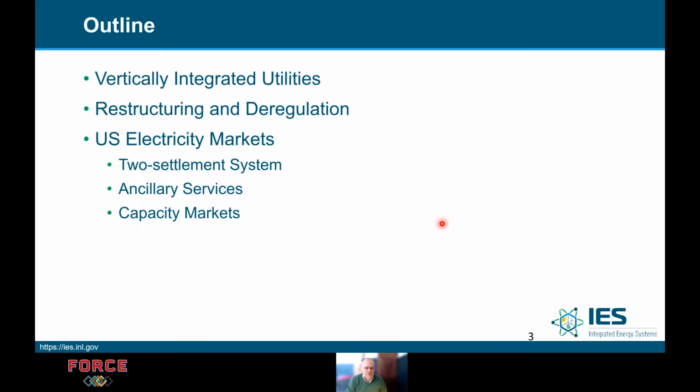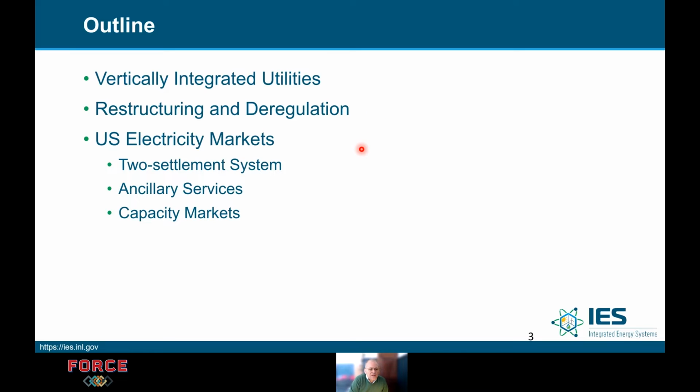In terms of an overview of what I plan to talk about, I'm going to spend a little bit of time on these vertically integrated utilities and their economic incentives. Paul alluded to these earlier in his talk when he mentioned that largely the nuclear fleet we have today was built under a structure of vertically integrated utilities. Some of the difficulties the nuclear fleet faces today are in response to this evolution from vertically integrated utilities to restructured, deregulated operations, so I'll spend a little time on that.